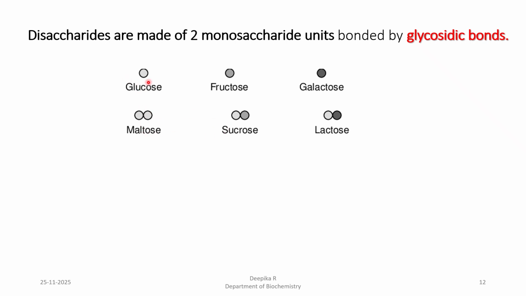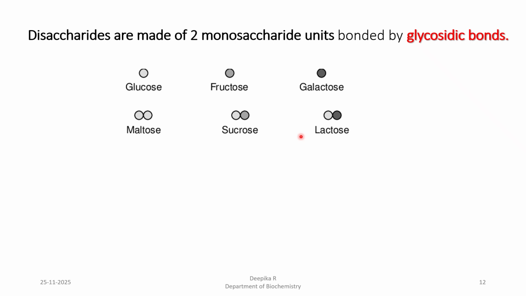If one glucose and one fructose are combined with a glycosidic bond, we call it sucrose. If one glucose and one galactose molecule are combined together, we call it lactose.